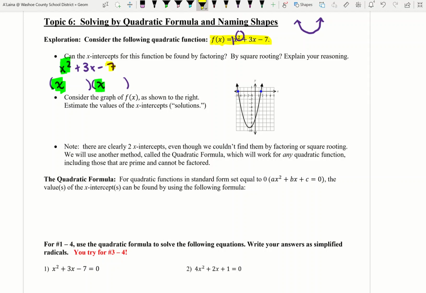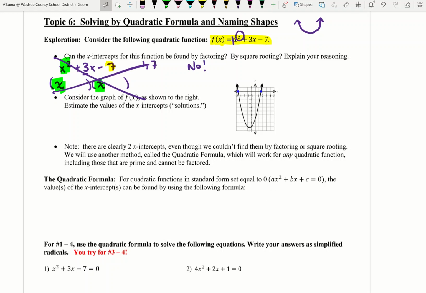It's really a negative 7, but for the moment, I'm only going to worry about the 7. The only factors of 7 are 1 and 7. But I'm looking for factors that would combine through addition or subtraction to this middle term, and there is no way for 1 and 7 to add up to 3 or to subtract to 3. So this one cannot be solved by factoring.